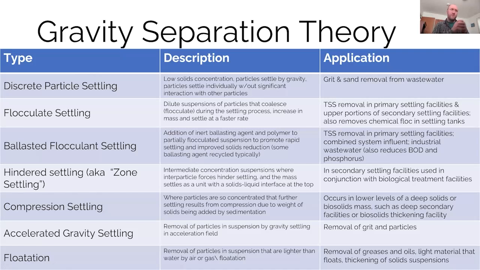That's going to be like grit, just settling out by itself. Flocculent settling, of course, is when particles are bumping together, making bigger particles that settle out. Ballasted flocculent settling is when something like sand is added and it acts like a little nucleus, so the suspended solids attach onto it and settle out.